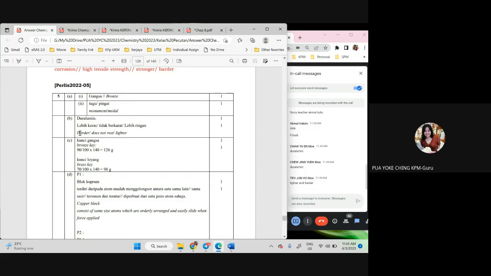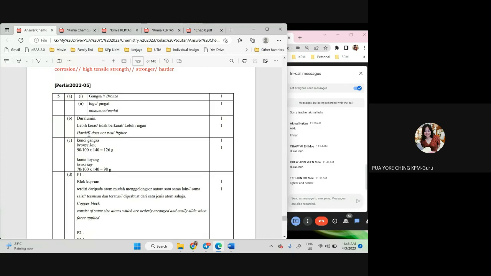Tapi kalau you nak tambah harder pun boleh. Kalau you risau, then you buatlah tiga-tiga. Lighter, harder and stronger. Okay? Harder dia tak salah. Cuma kalau is not acceptable answer, then tak boleh lah. It will not WCR. Okay? Tak ada WCR di sini.